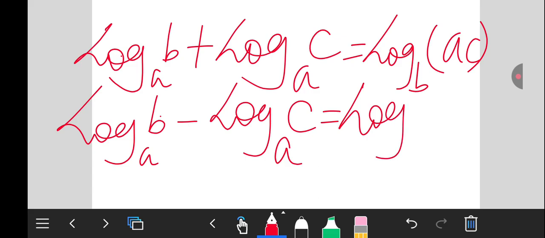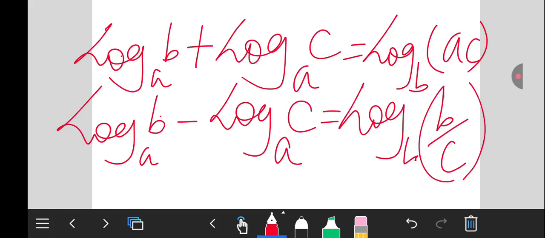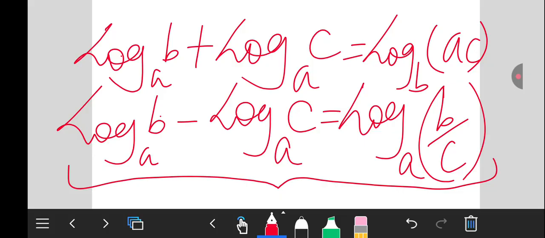So it will be log of b over c. We are dividing, we maintain the same base, which is a. So these are the laws you must understand. Now let's delve into answering the questions, those exam questions.